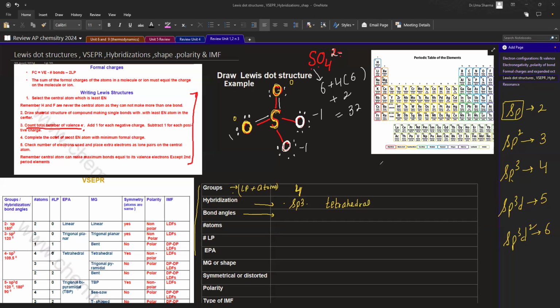Tetrahedral means you're going to make the structure like this. I have already made it tetrahedral, so I'm just going to make it again. Sulfur in the center. There is a double bond O. This is tetrahedral shape.